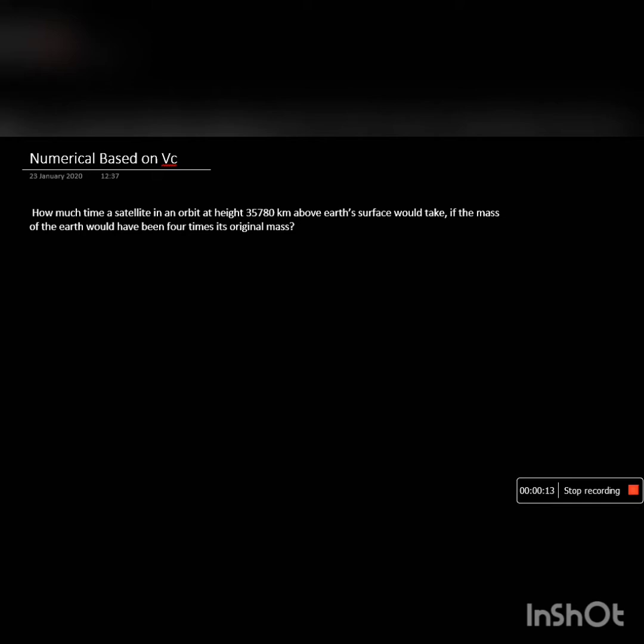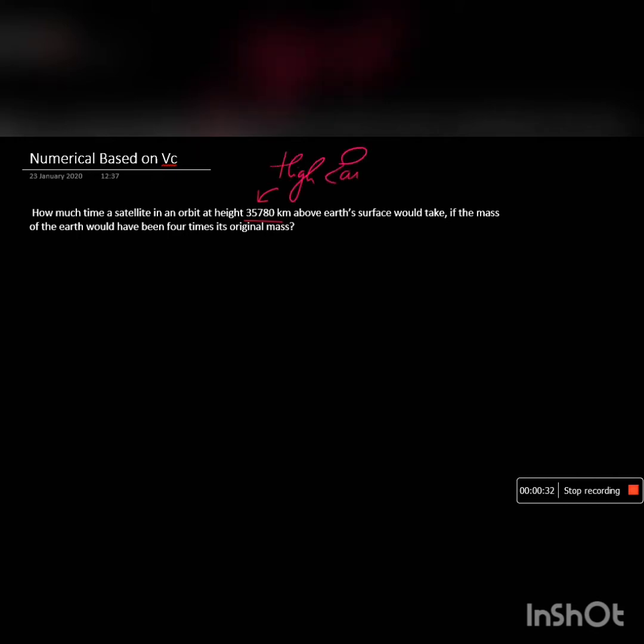The problem goes like this: how much time does a satellite in an orbit at height 35780 kilometer take? This is an important information. We know that this height is of high Earth orbit, right?